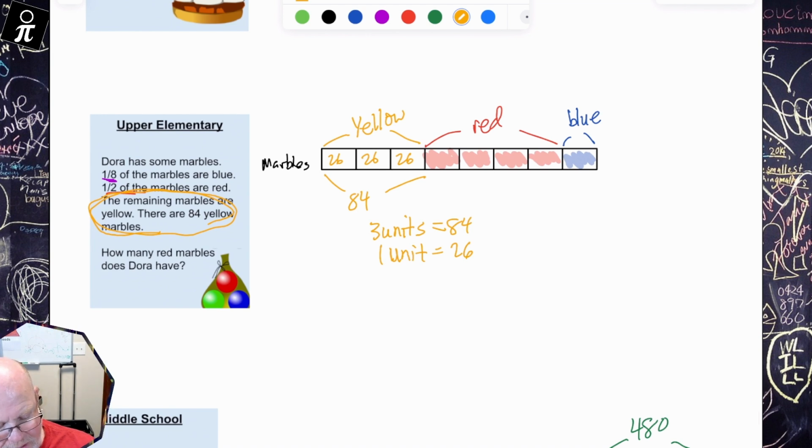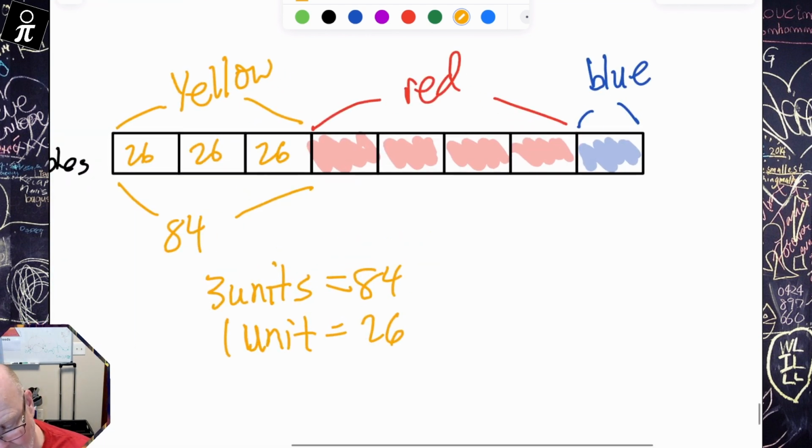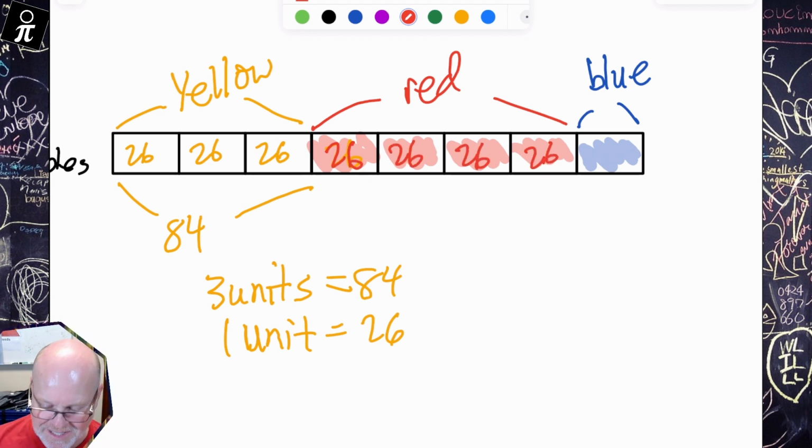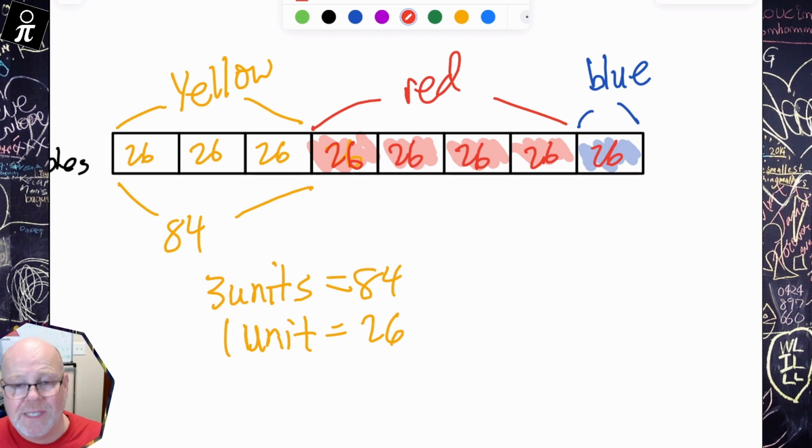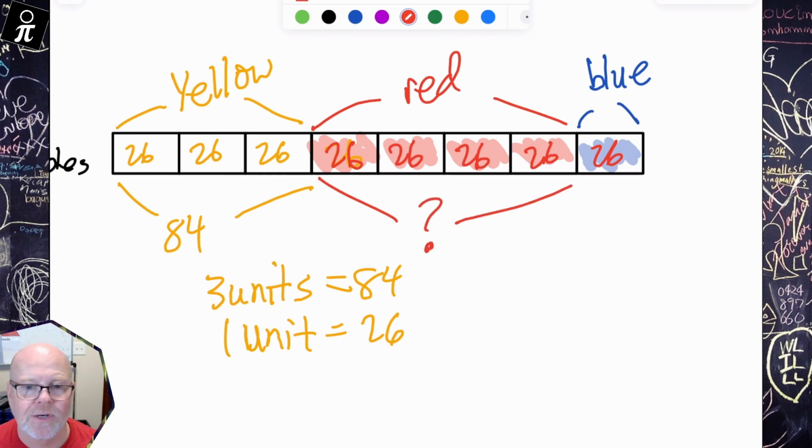So that tells us each of these units is 28. And it says how many red marbles does that person have? I forget the person's name. So I'm going to put 28, 28, 28, 28, and that blue is also 28. And so we see right here is where the answer lives.